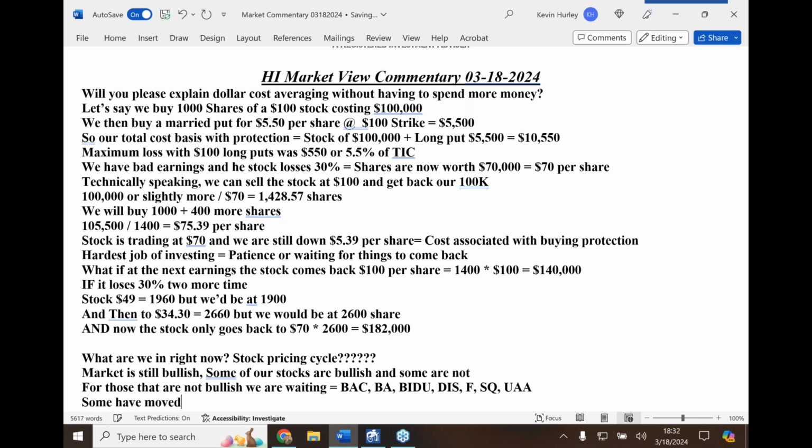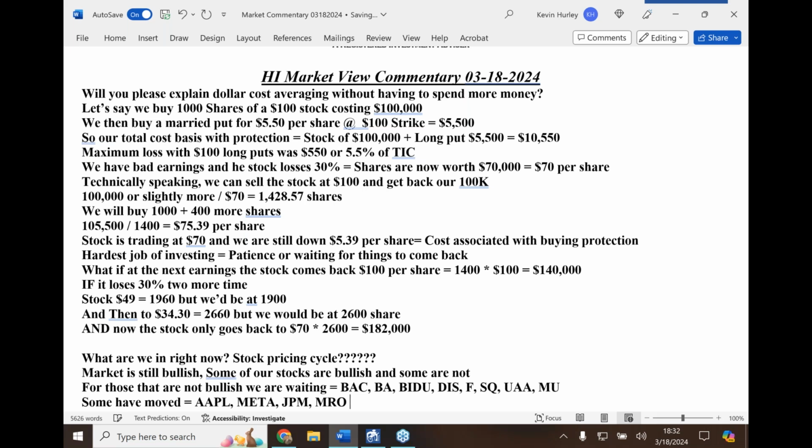Some have moved. And just in general, Apple, Meta. I'm going to change a couple of these. I'm thinking of other ones. We are waiting for Micron to move. JP Morgan has moved. MRO has moved.